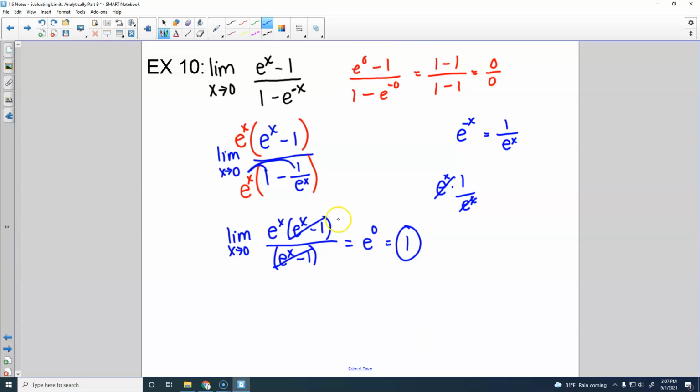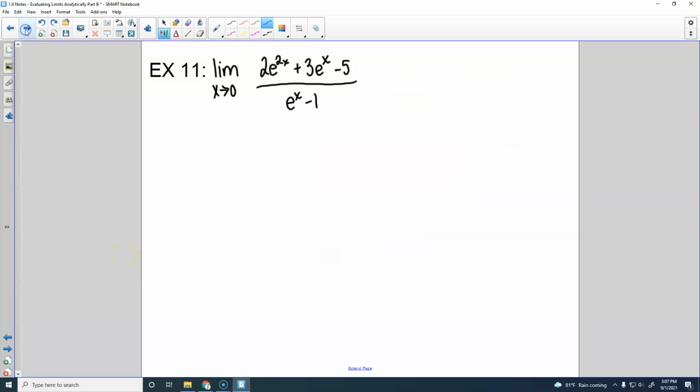Alright, one last one. I know I'm going fast. Okay. Think of it this way. Think of this as 2x squared plus 3x minus 5. You know how to factor that, right? Okay.